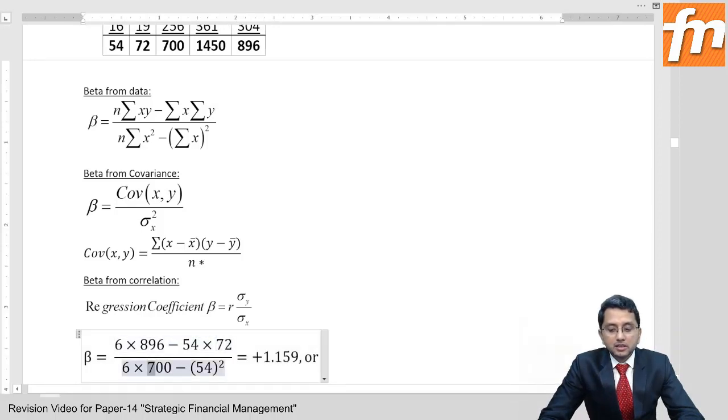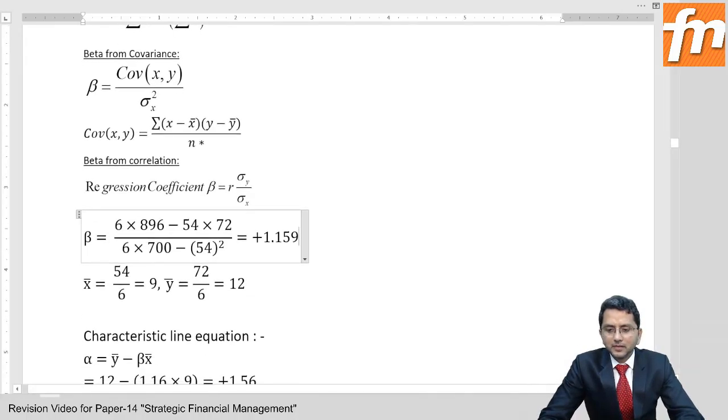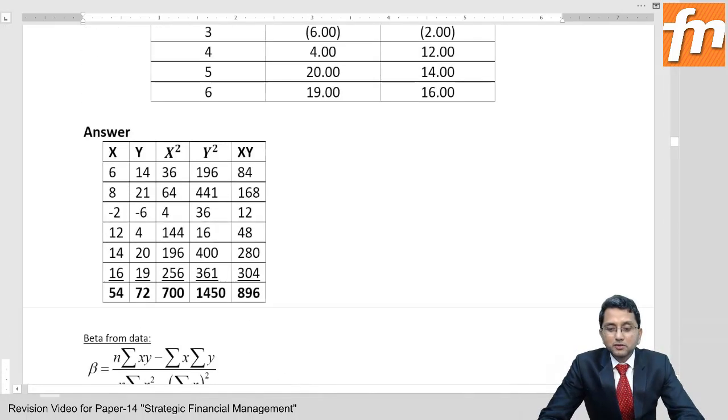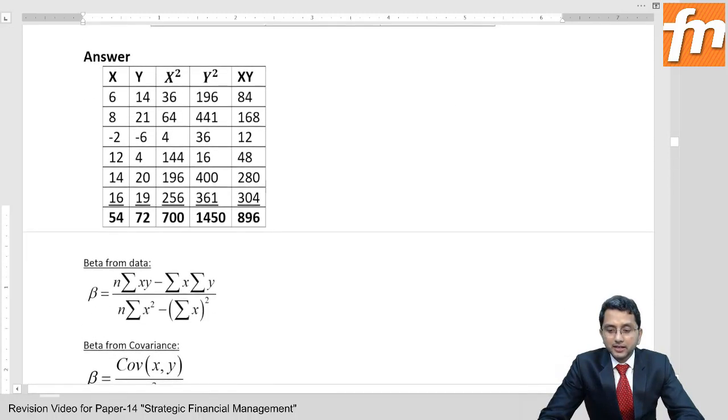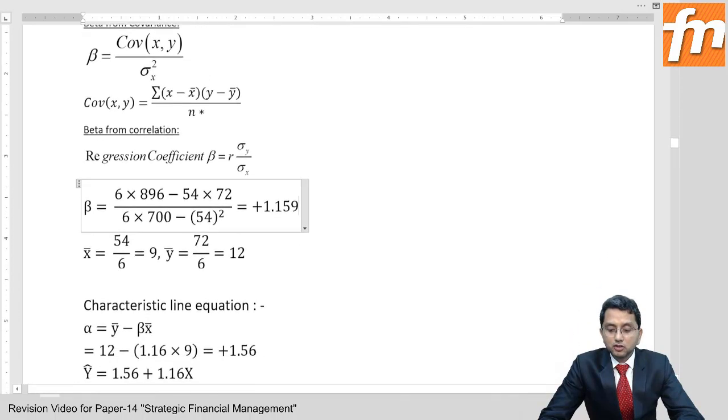In the denominator, summation of x square is 700 and summation x whole square is 54 square. Solve it and you'll get it equal to 1.16, right? Rest of the things, x bar and y bar, you can calculate. X bar is 54 by 6, which is 9, y bar is 72 by 6, which is 12.